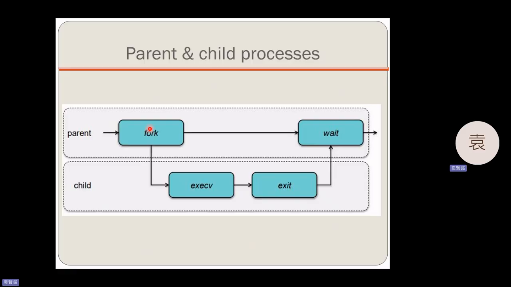After the fork, we use this input file name to load a new file to be executed by the child process, and so on. So fork, exec, and exit, which is termination itself, and wait: the relationship of these system calls is something like this.